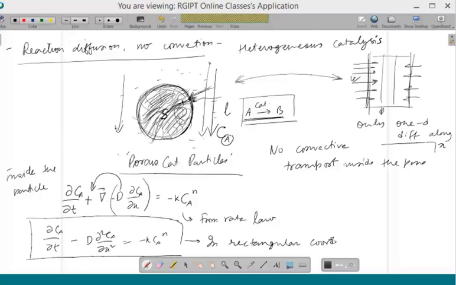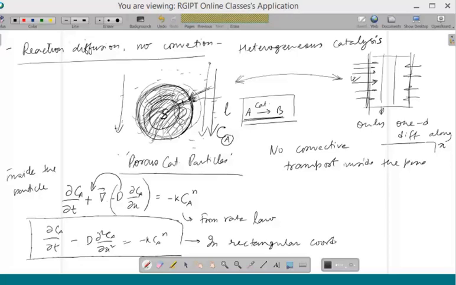But if you want to switch to the problem where the particles are spherical, then this second derivative will change. You probably know how to go from rectangular to spherical coordinates. Even if you did not know that, you can obtain it by just doing a balance.